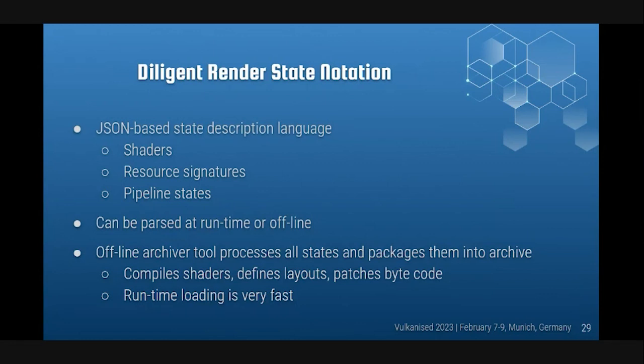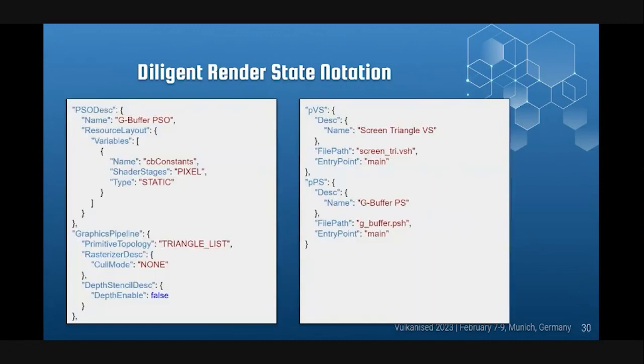So the offline processing takes this JSON-based language and performs all the shader patching, the descriptor set distribution, and everything that is needed to make the pipelines work at runtime.